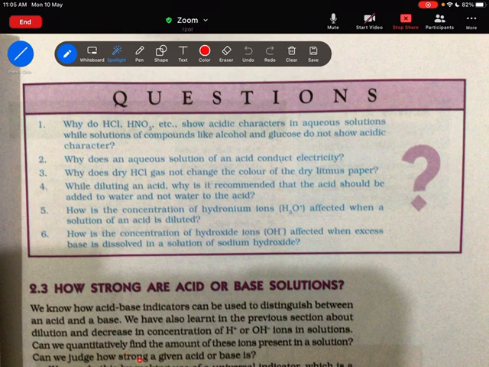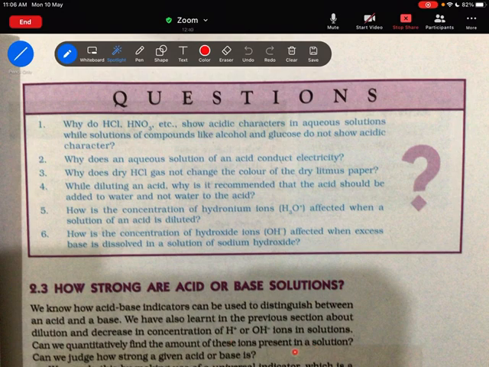Can we quantitatively find the amount of these ions present in a solution? Can we judge how strong a given acid or base is? Can we find out the number of H+ ions or OH- ions?